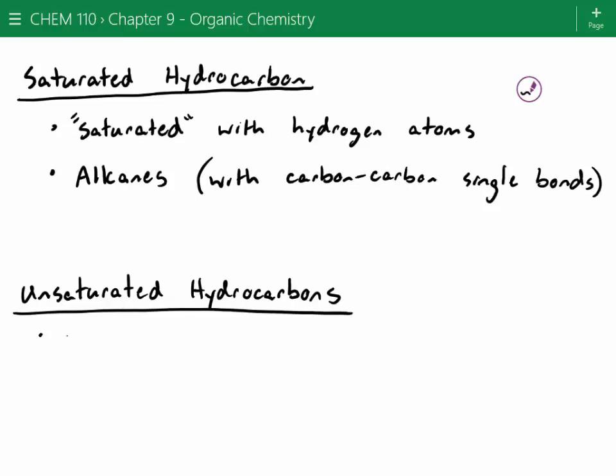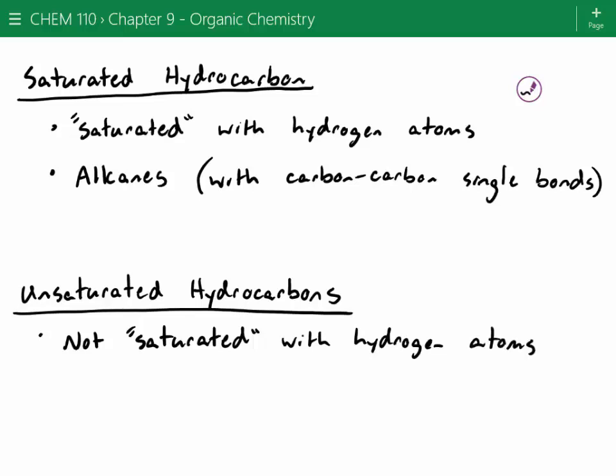So in this way you could say that they're not saturated with hydrogen atoms. And so what hydrocarbons would fall in this class? Like alkyne. Yeah, alkynes and even alkenes. So anything that's not a single bond would fall into an unsaturated hydrocarbon.